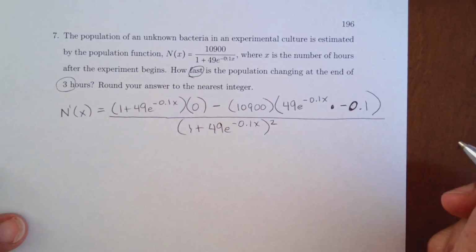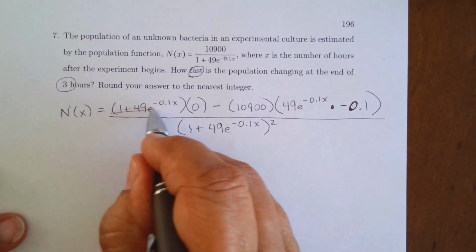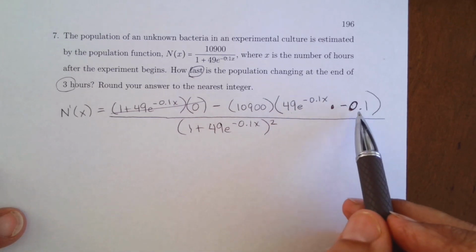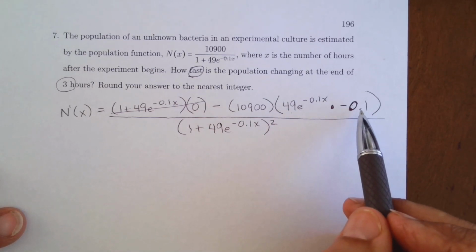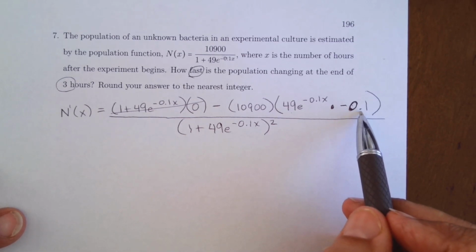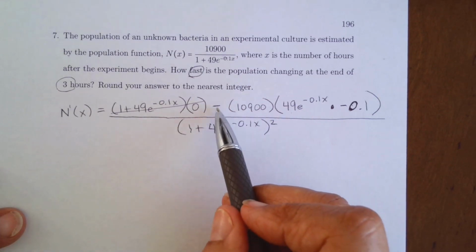Okay, now the good news is this is going away because that's 0, right? And then what I would do is I've got 49 times this negative 0.1, all right, and then I've got minus this.